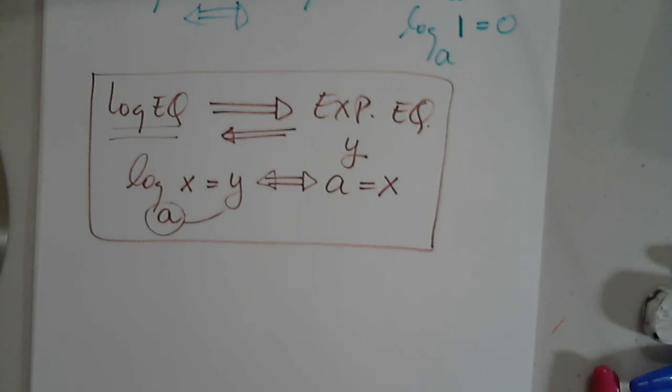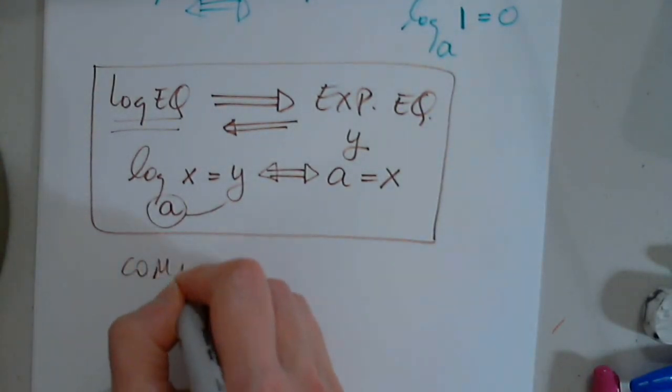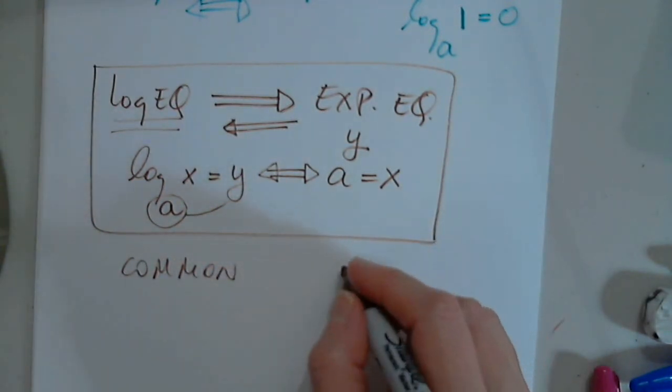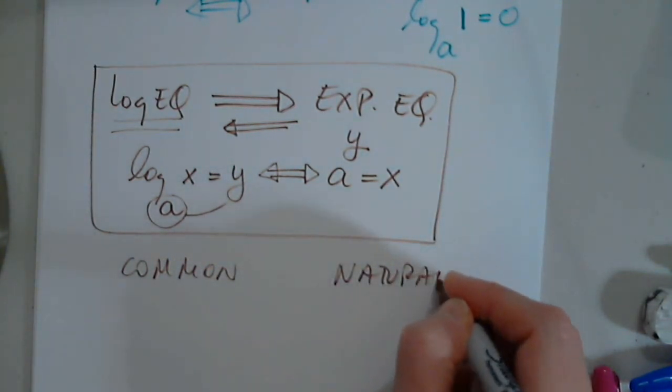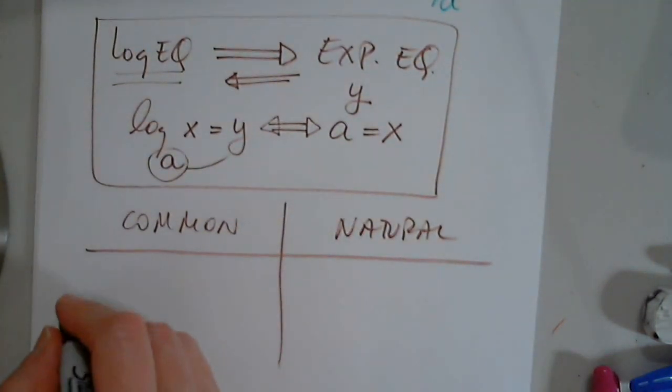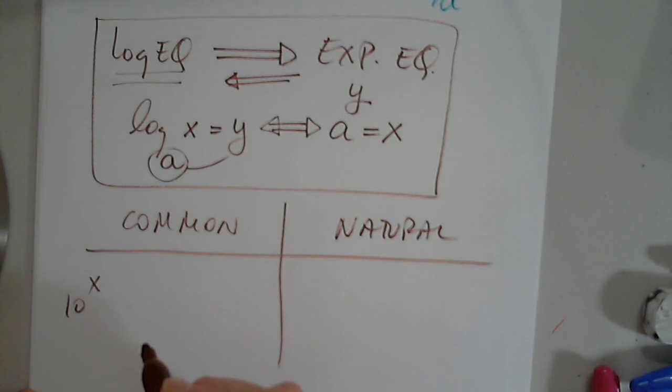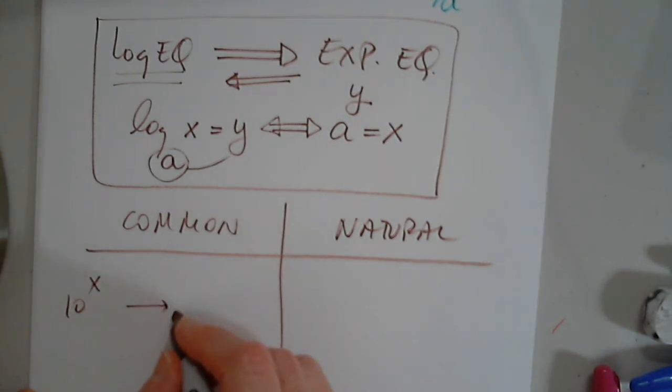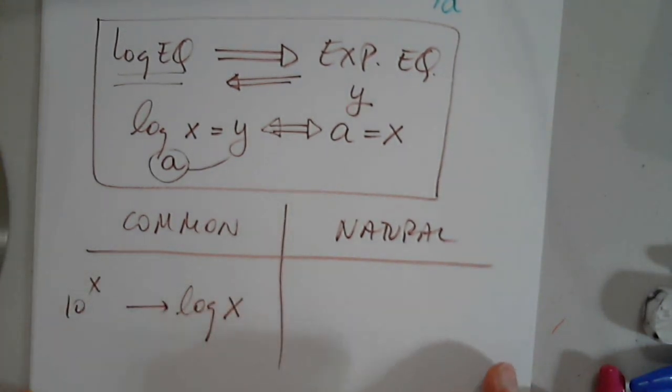I'm going to write all three again here on paper. So the common and natural. So the common is the 10 to x, and its inverse is log x.